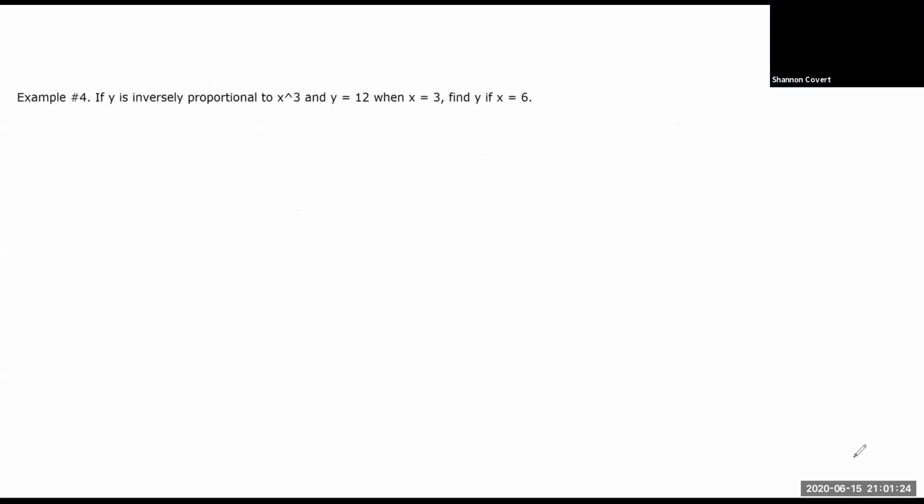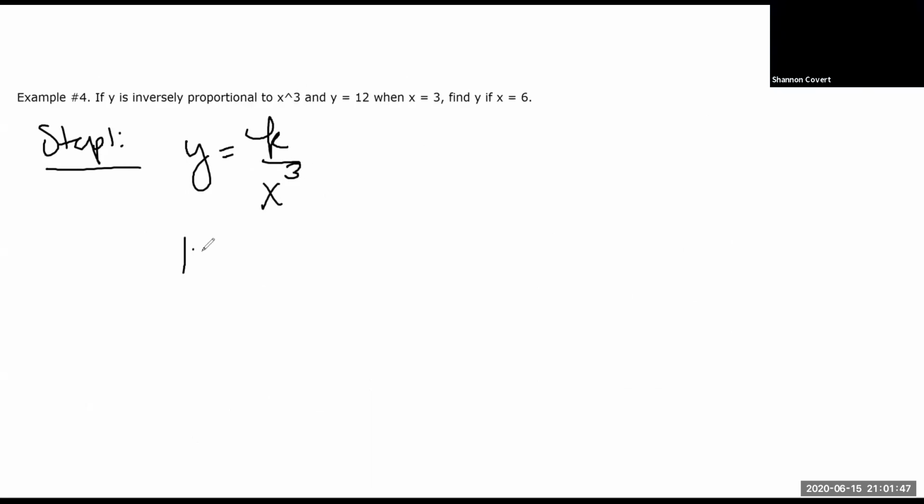Step 4, if y is inversely proportional to x cubed and y equals 12 when x equals 3, find y if x equals 6. Step 1, y equals k over x cubed. Y is inversely proportional to x cubed.